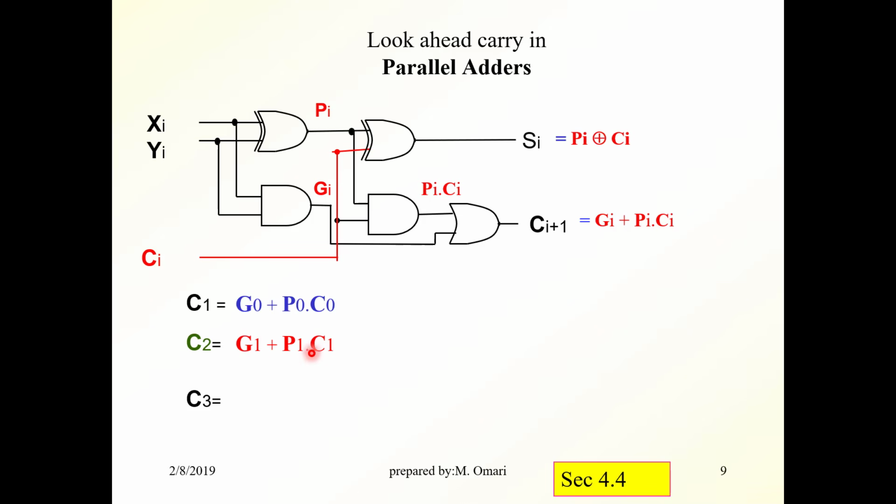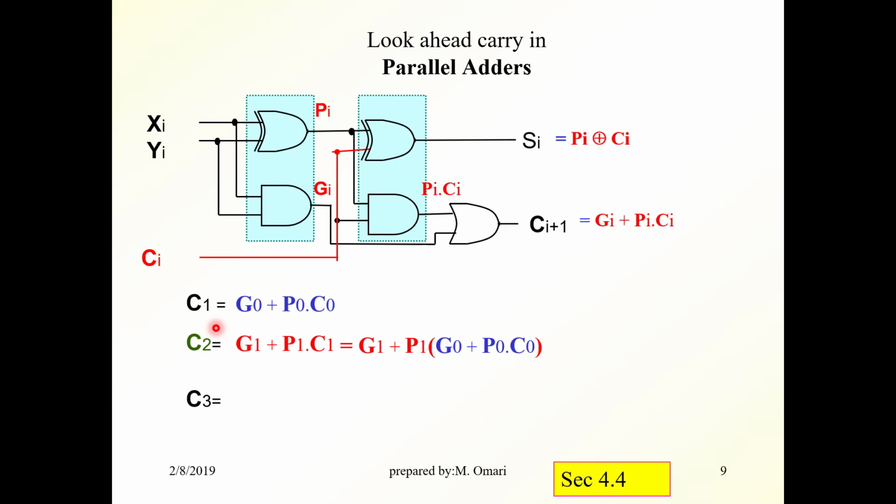Now, let's look at what C2 is. Can we anticipate what C2 is? C2 is, replacing i here with 1, equal to G1 ORed with P1 ANDed with C1. And this is C1. C1 is equal to this expression. If we put this expression here, now we know C2.